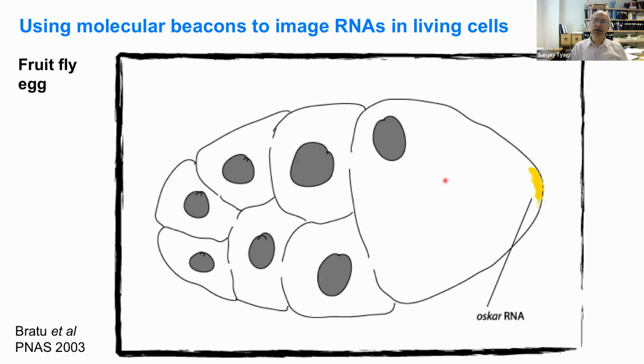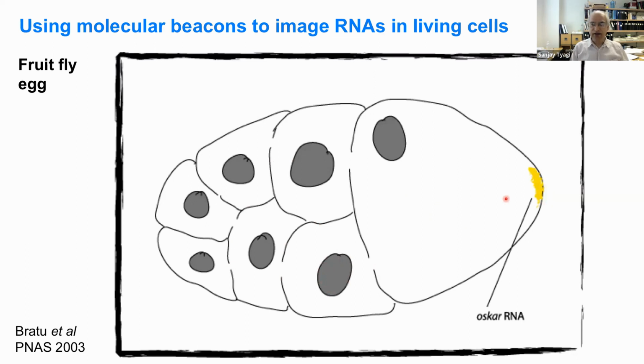So this grows in size, and the others will shrink. But all the RNAs and proteins and perhaps metabolites that are needed are made in these nurse cells. So they make all the RNAs, including Oscar RNA, and send it to the egg.